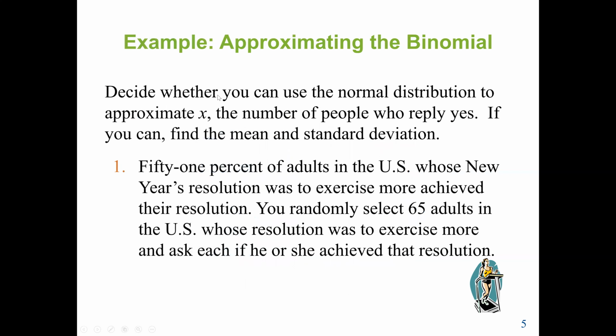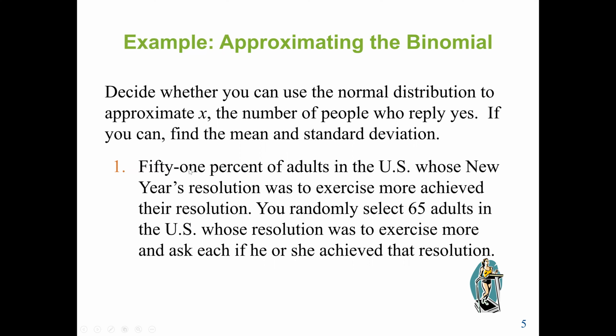Now we have one example. We should decide whether we can use the normal distribution to approximate X, where X is our random variable, the number of people who reply yes. If we can, we should find the mean and also the standard deviation.